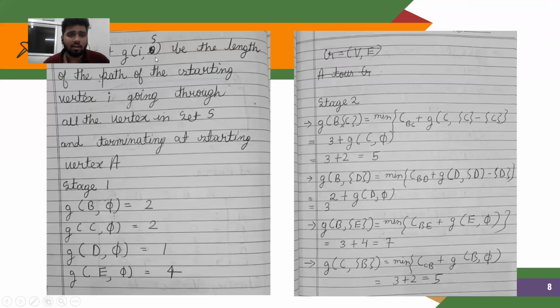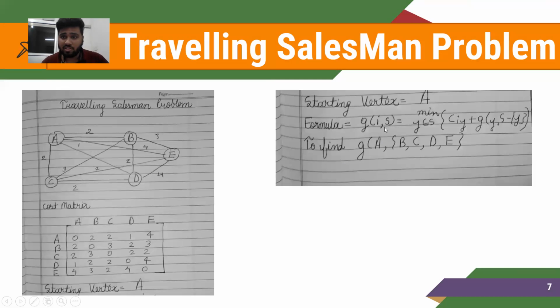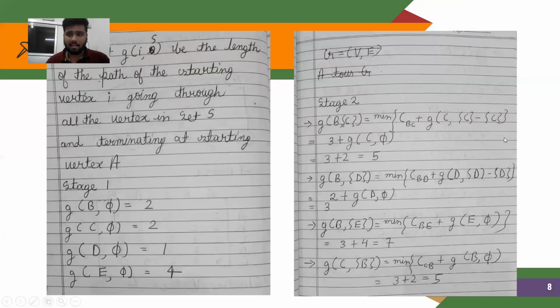So as you can see, G of I comma S, like G of B comma C, equals the minimum value of C of B comma C plus G of J comma S, the whole set minus that J. So here we can apply the logic, and we are getting the value of CBC.